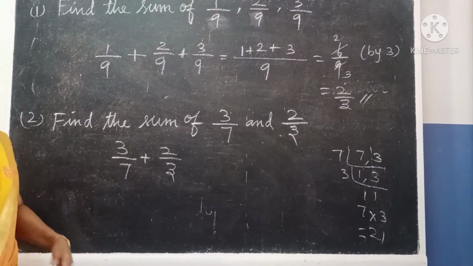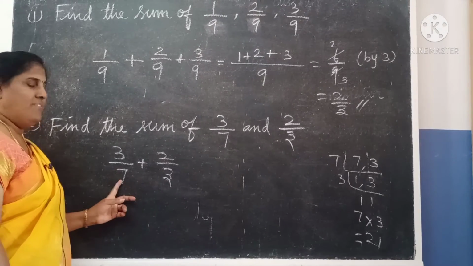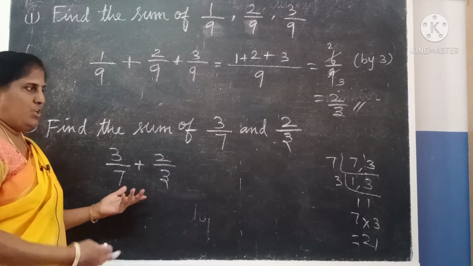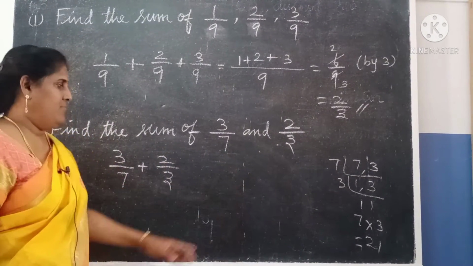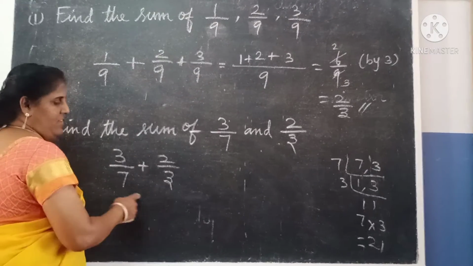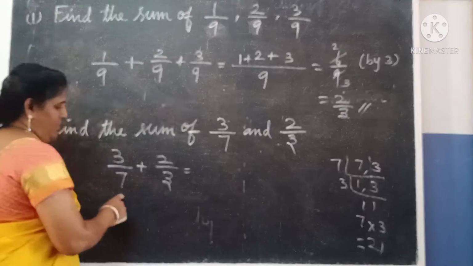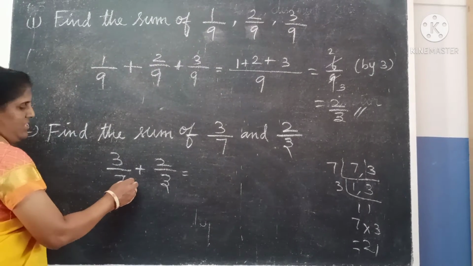So what is the LCM? LCM is 21. And one more thing, children, I will tell you: 7 and 3 are prime numbers. If the given numbers are prime, you need not find the LCM like that. You just multiply these two and find the LCM. So therefore LCM is 21. If you want to convert 7 into 21, how do we convert?